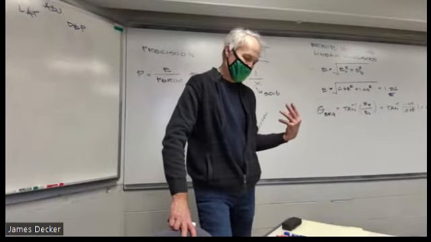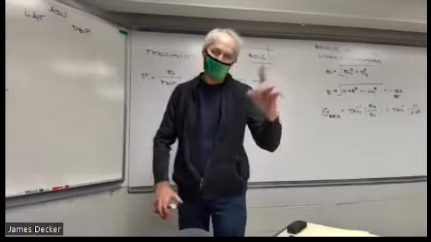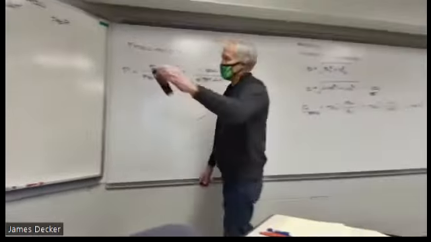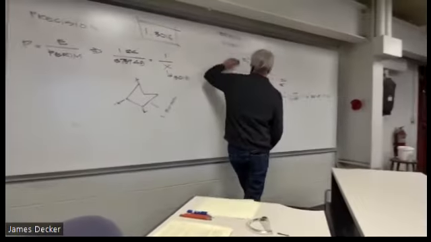Okay, so the adjustment that you apply is based on what's happening out in the real world. Let me show you, when you measure the angles and the distances, there's a couple of things that can happen.